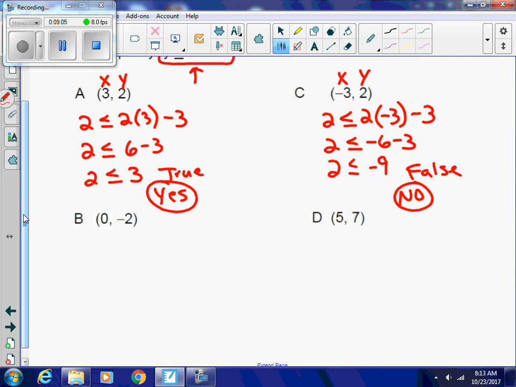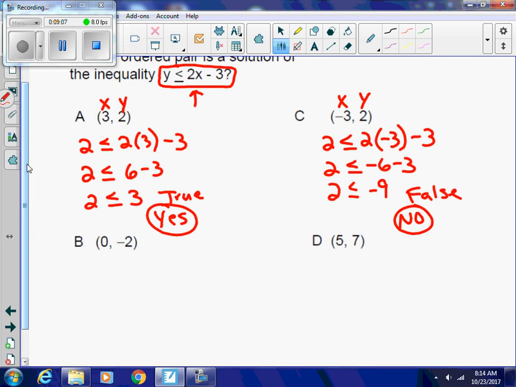Okay, we've got y, so if y is less than or equal to 2x, 2 times 0, minus 3. So negative 2 is less than or equal to, well, this part's just 0, so it's negative 3. Be careful. Is negative 2 less than or equal to negative 3? No, it's actually bigger. So this is false.